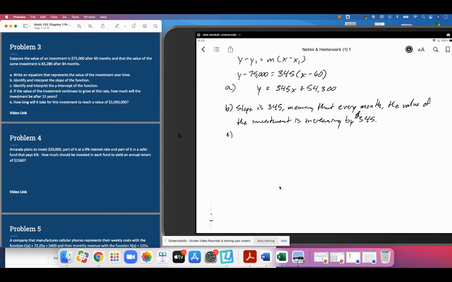So C is identify and interpret the y-intercept of this function. So our y-intercept, everyone, is 54,300, which represents the amount of money this person invested originally.